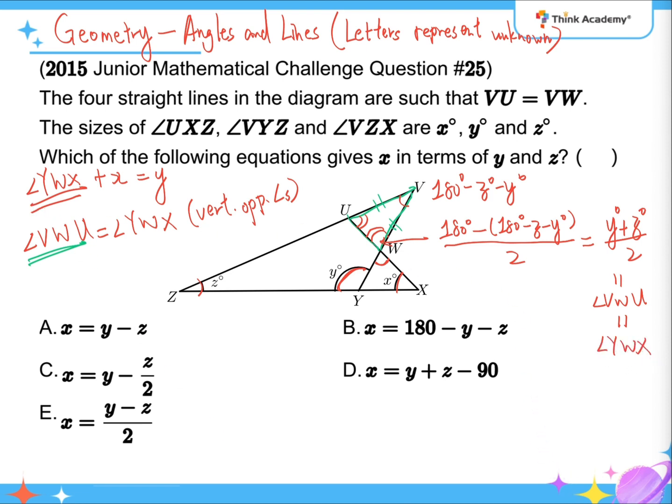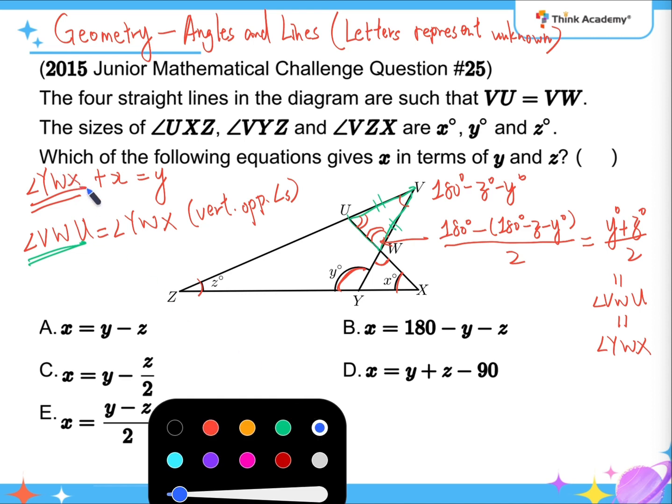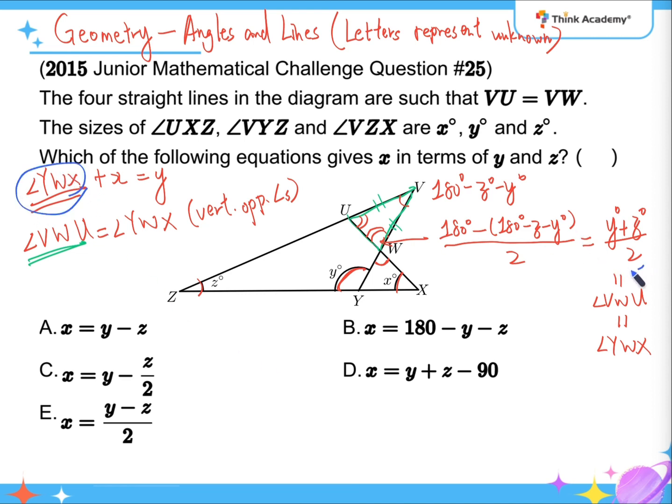Which means that I can now replace this with this. So now we have Y adding Z divided by 2, adding X equals Y. So of course, if I want to find X as the subject of this equation, I'm just taking away this from both sides.